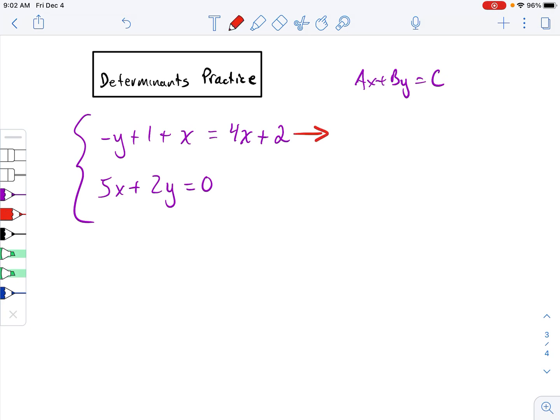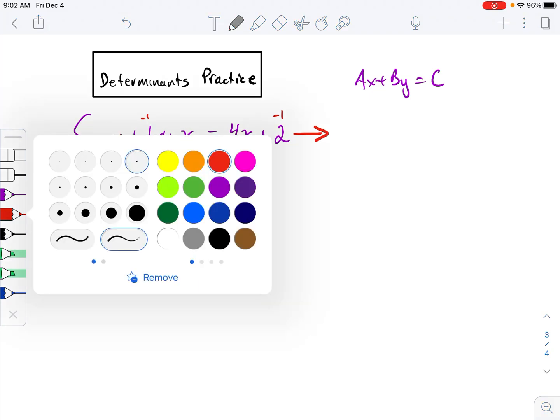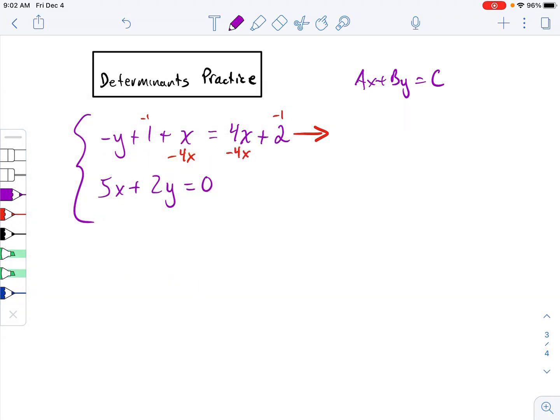So I need my x values to occur on the left side. So I'm going to subtract 4x, and I'm going to subtract 1 from both sides. And the result will be, I'll have negative y minus 3x equals 1.